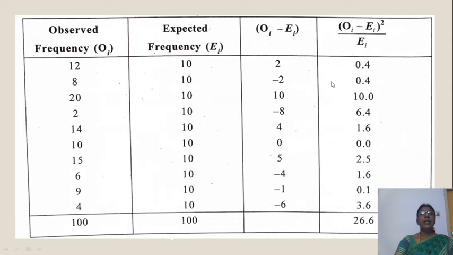Then again minus 2 whole square means 4, and 4 by 10 is 0.4. Then 10 square by 10, that is 100 by 10, which is 10. Like that the remaining values. Now we take the sum of these values, 26.6, which is sigma Oi minus Ei whole square by Ei.